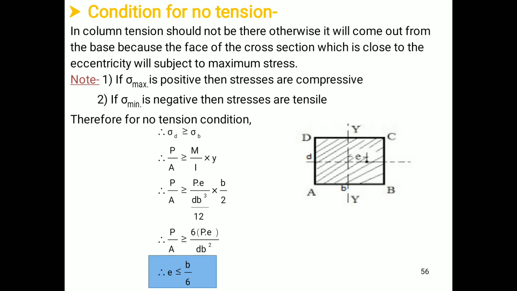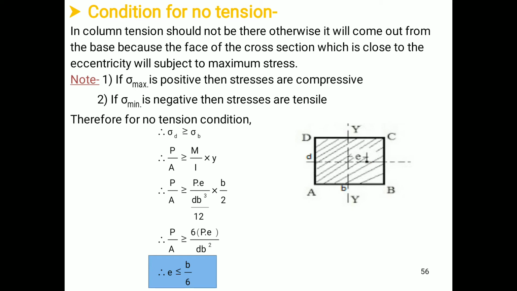So from this particular figure we have a rectangular cross section of the column ABCD, which has width B and depth D. XX and YY are the axes of the column, and it is subjected to an eccentric load at an amount of e with respect to the YY axis.